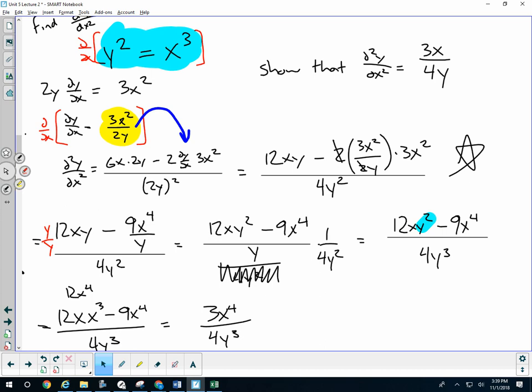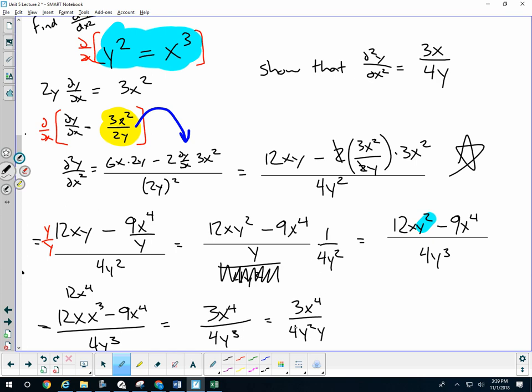Who can give me one more idea? What do you think, Mr. Mogam? Brilliant. We can either rewrite x to the 4th as x cubed times x, or we can write y cubed as y squared times y. Right?